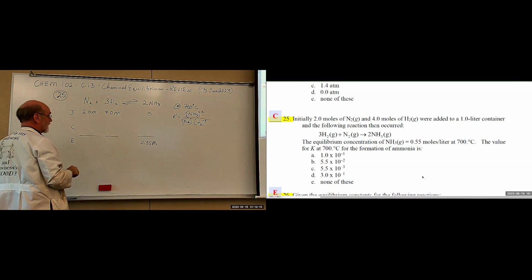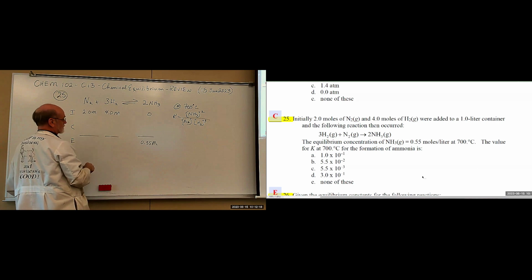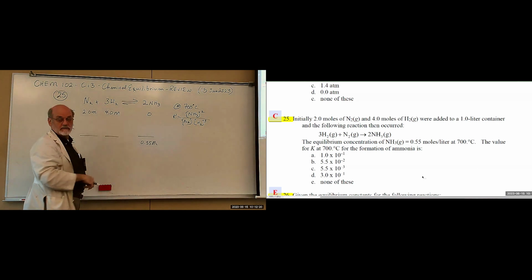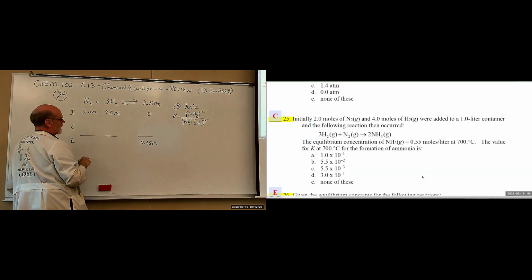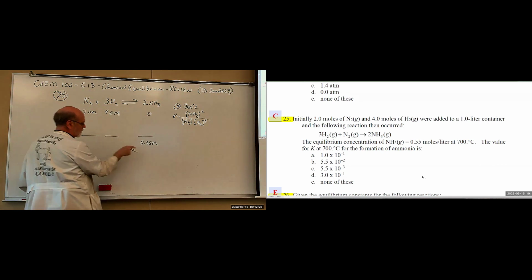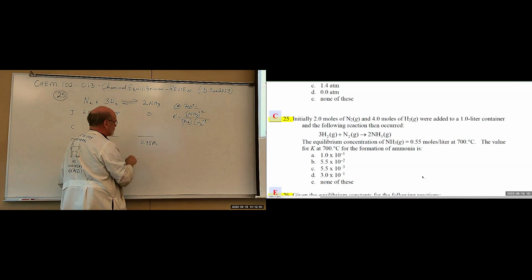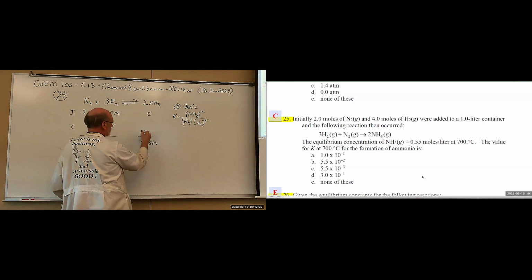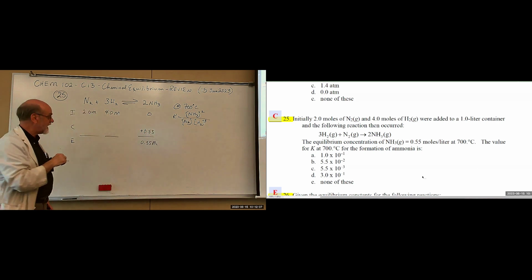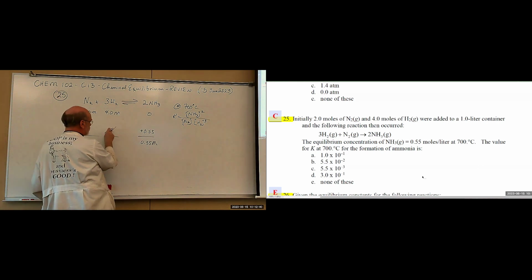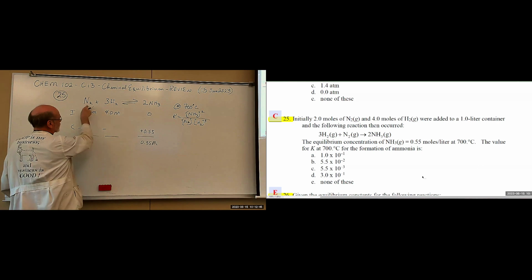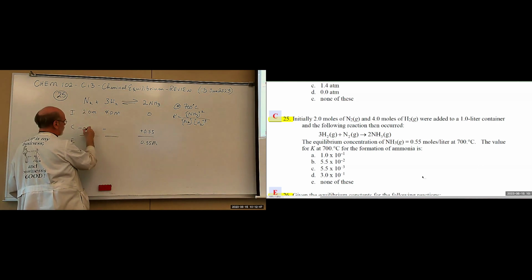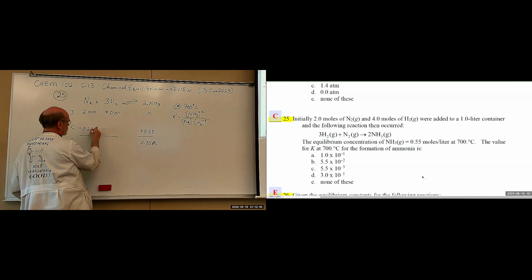Now, can we calculate K? Well, what's the change going to be? It's going to go to the right, correct? Because that's 0. But we know that ammonia is this concentration. So it had to be that. So what's this value going to be? It's a minus and this one's a minus. So this one's going to be half of that: 0.275.